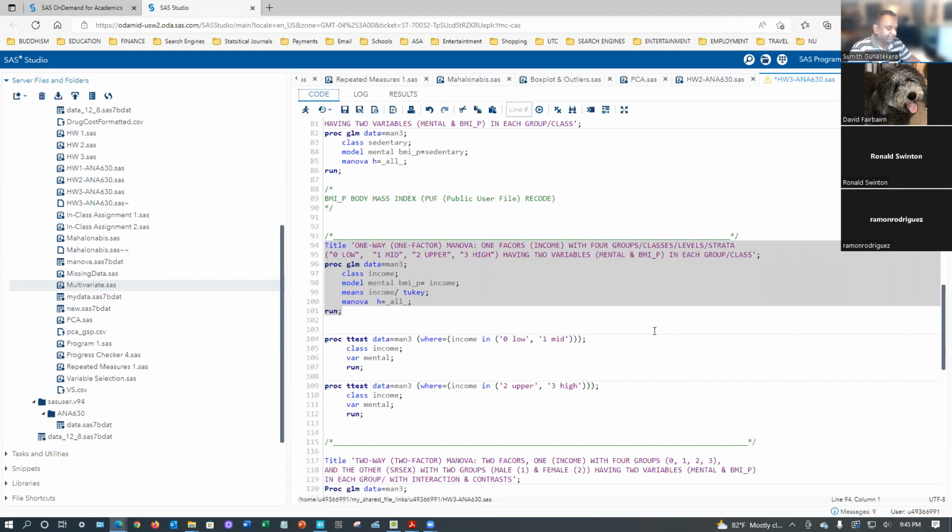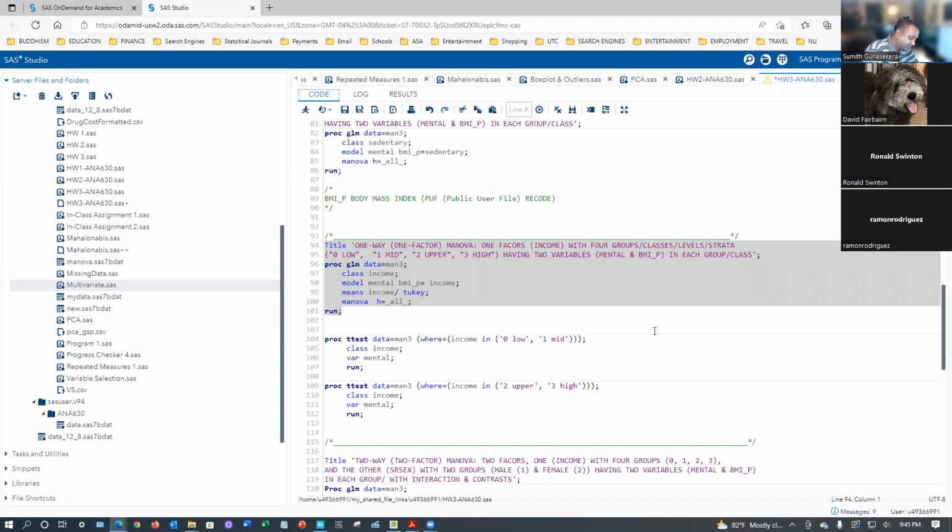Since the p value is small, we reject H naught uni for mental and BMI.